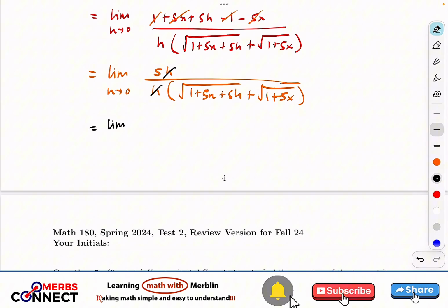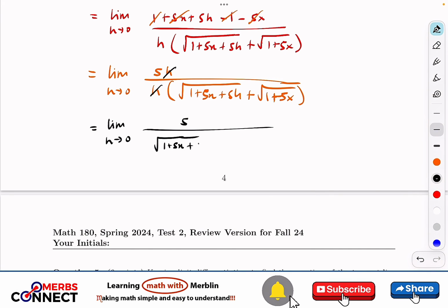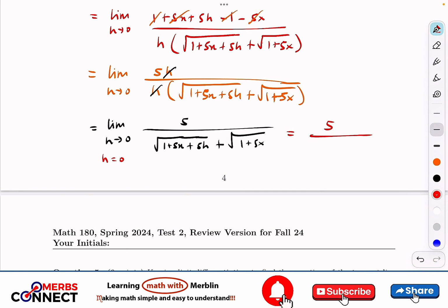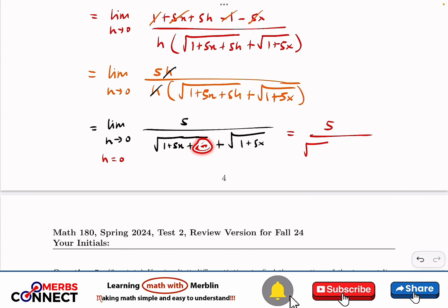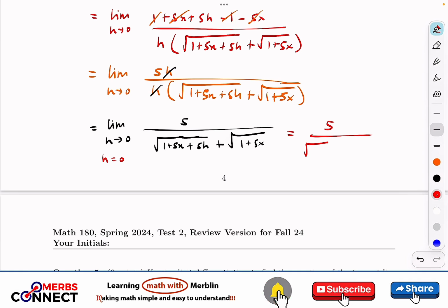I'm going to have limit h is approaching 0, 5 over square root of 1 plus 5x plus 5h, plus square root of 1 plus 5x. So now I can set h to equal 0. When I do that, I'm going to have 5 divided by, when I set h to be 0, this one will go to 0, so I just have square root of 1 plus 5x plus square root of 1 plus 5x.